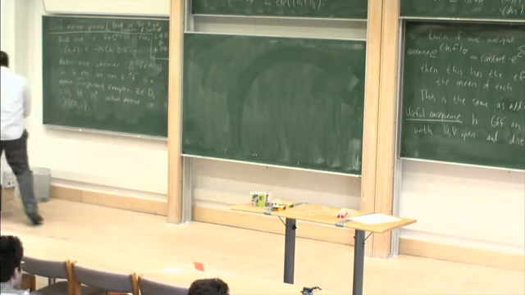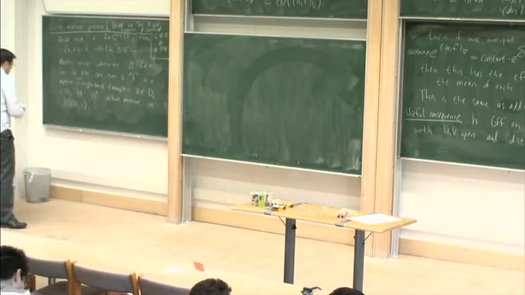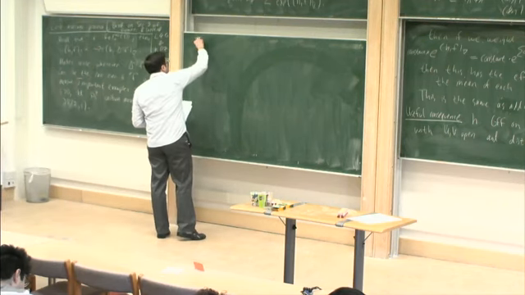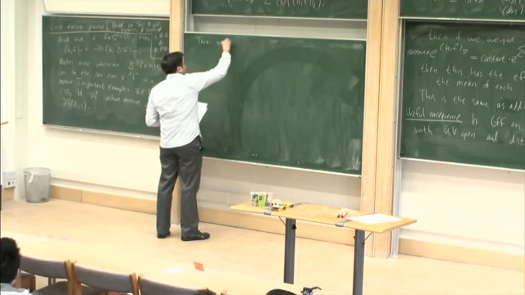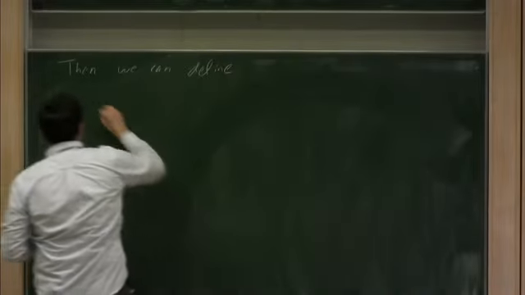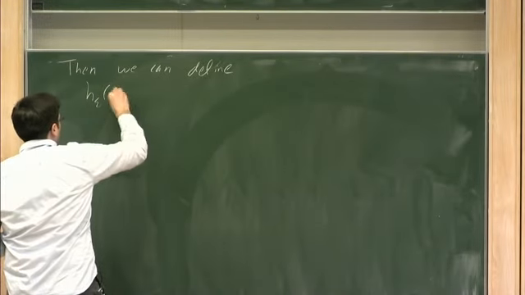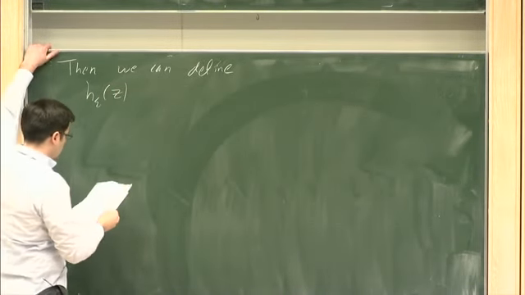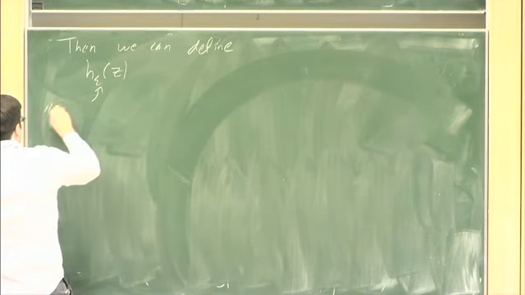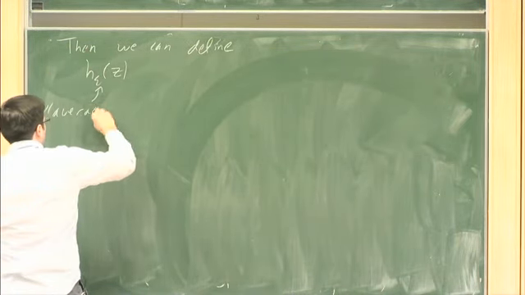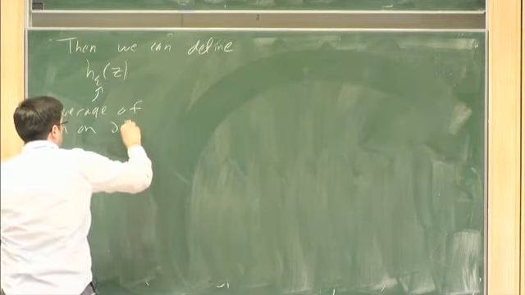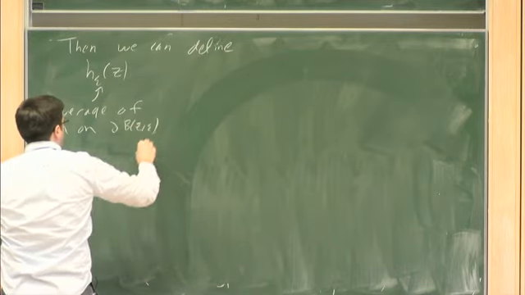Okay, so rho epsilon z is the uniform measure on the boundary of our ball with radius epsilon. And then we can define h subscript epsilon of z, the average of our Gaussian free field on the boundary of the ball centered at z of radius epsilon.